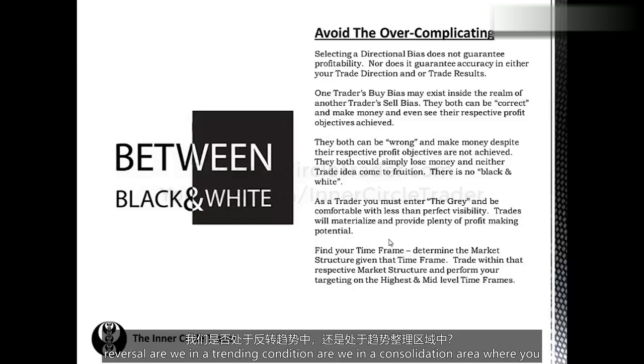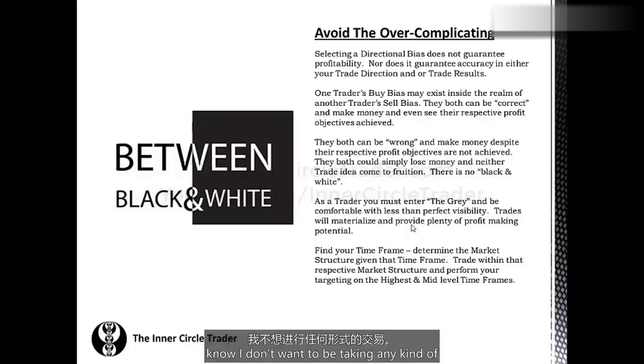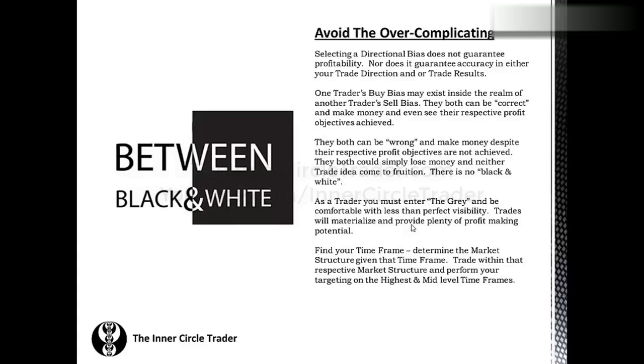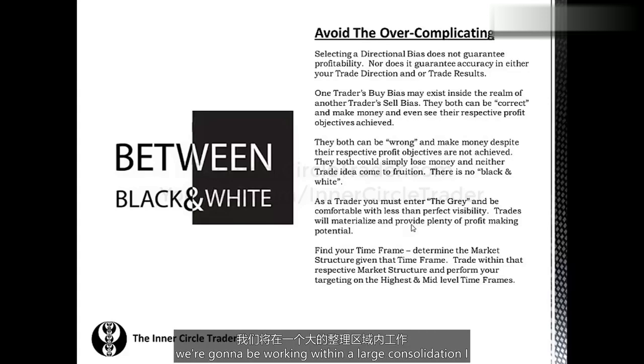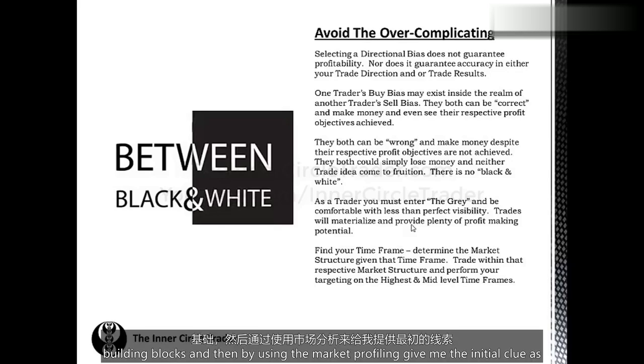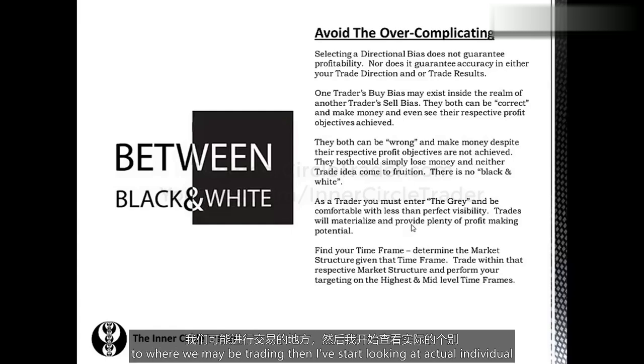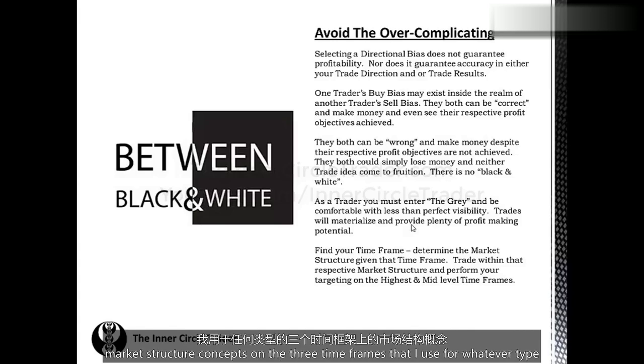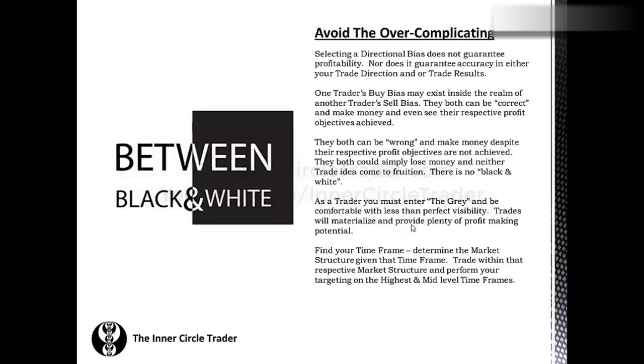Are we in a consolidation area where I don't want to be taking any kind of trading with the expectation that we're going to have a trending type of event unfold, because we're going to be working within a large consolidation? I use that as my building blocks, and then by using the market profiling to give me the initial clue as to where we may be trading, I start looking at actual individual market structure concepts on the 3 time frames that I use for whatever type of trading I'm doing at the time.